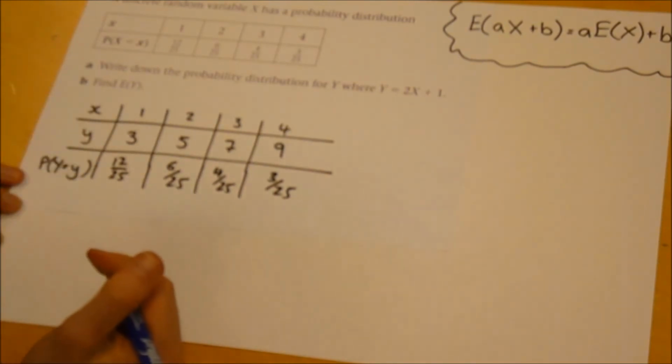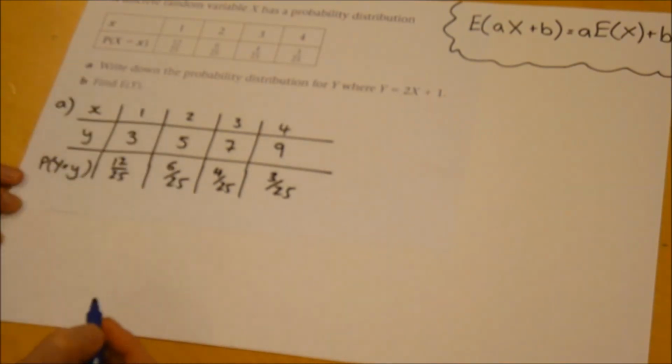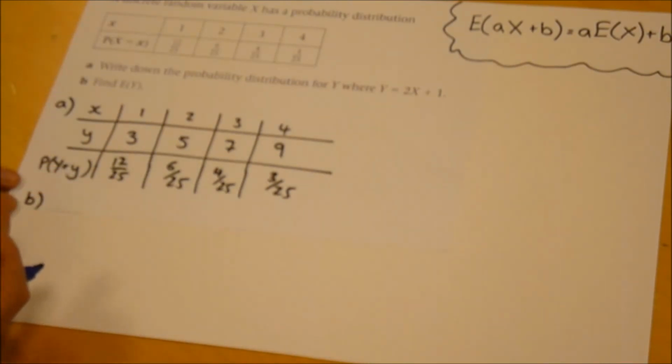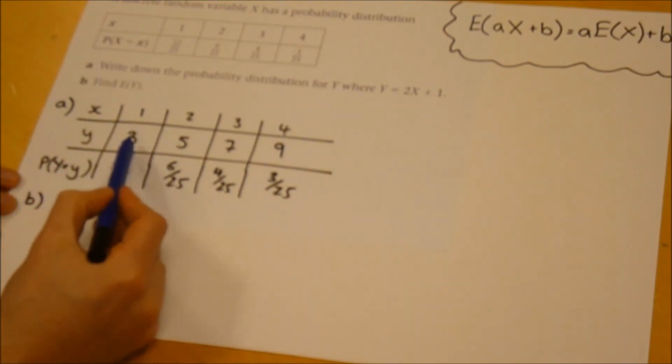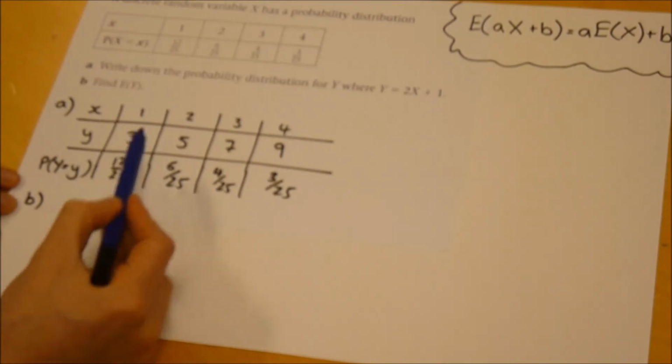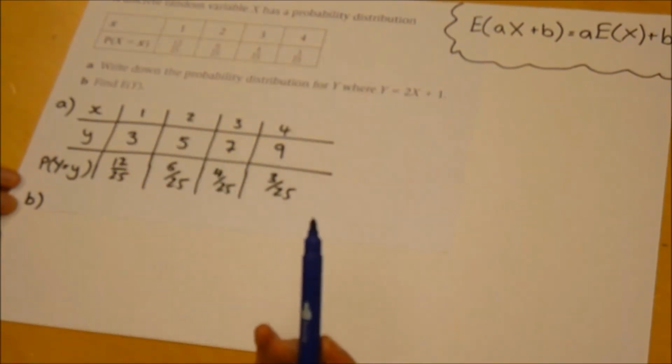So, part B says find the expected value of y. Well, we've seen a lot of these examples, all we do is we take our actual piece of data and times it by the probability, do that for each one, add them up.